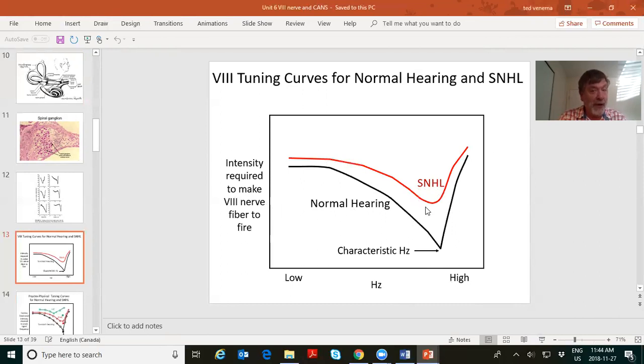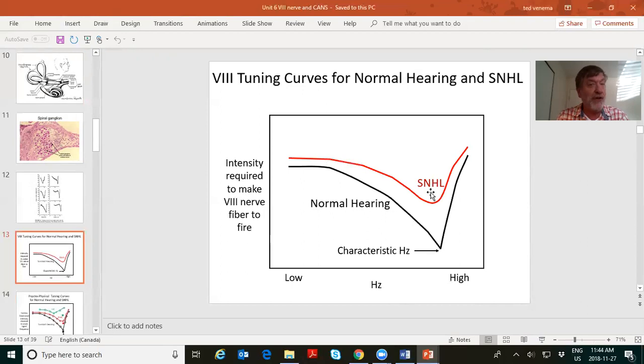Okay? And so what's happening inside the cochlea is that the outer hair cells have died and the person can no longer hear below 50 dB anymore, and the sharpening of the traveling wave is now gone, because the outer hair cells also sharpen the peak of the traveling wave.